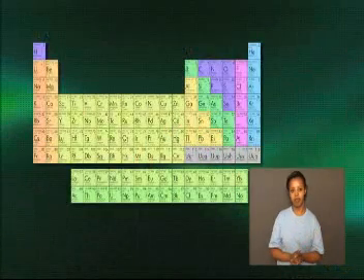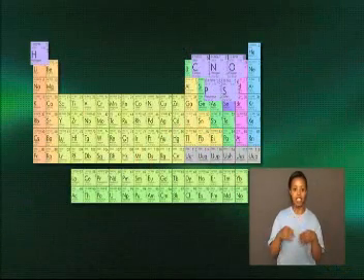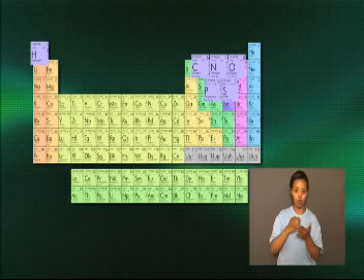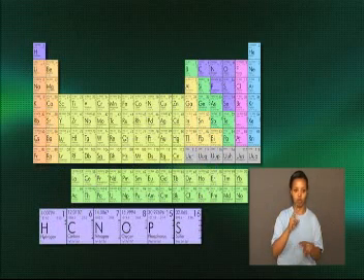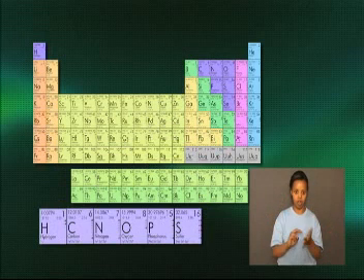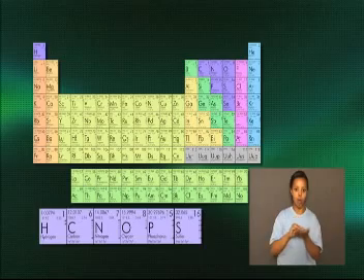Hello again, students. If you said that all the elements are listed relatively close together in the periodic table and are the atoms that build all biological molecules, then you are correct. Great work.